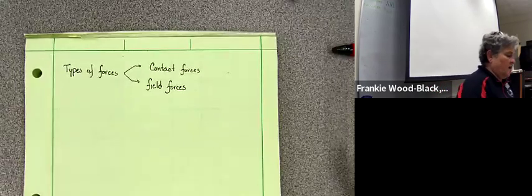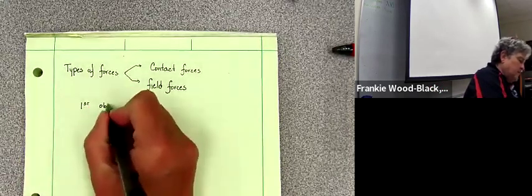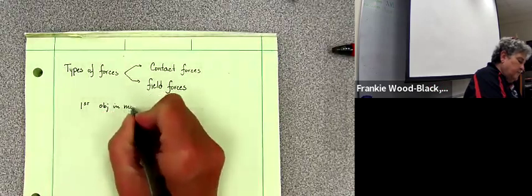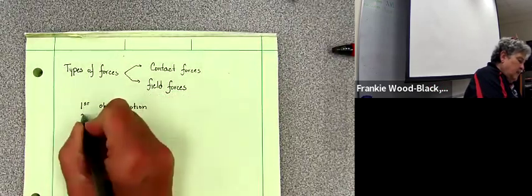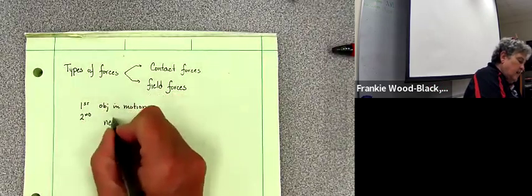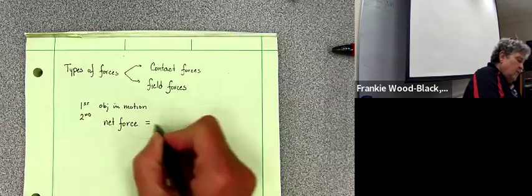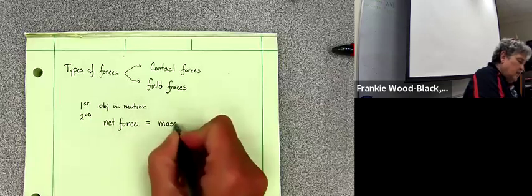And then we did our Newton's laws. One was our object in motion. The second we talked a lot about, and basically we said that net force was going to equal mass times acceleration.